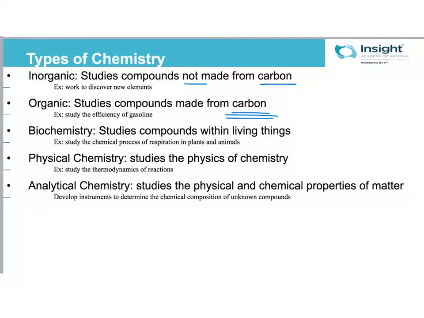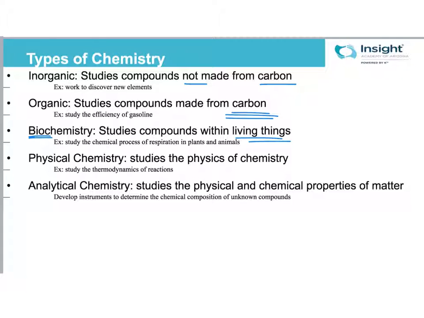If the focus of the chemist is on the living aspect of organic chemistry, then they are actually called a biochemist. So I'm sure you've seen this prefix bio before from biology class, which is the study of life. Alright, so biochemists study living things.